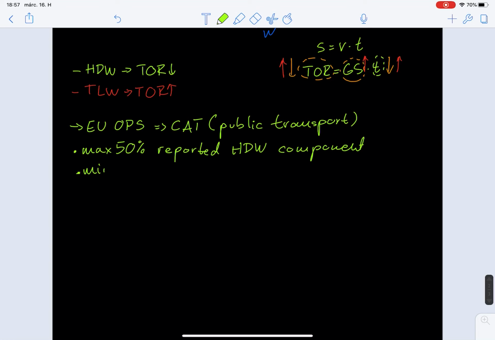So minimum 150% of the reported tailwind component.